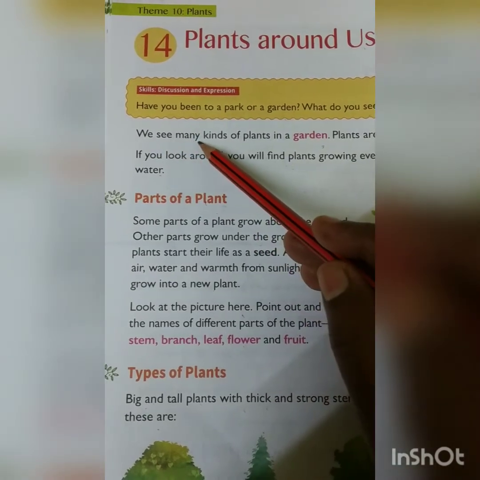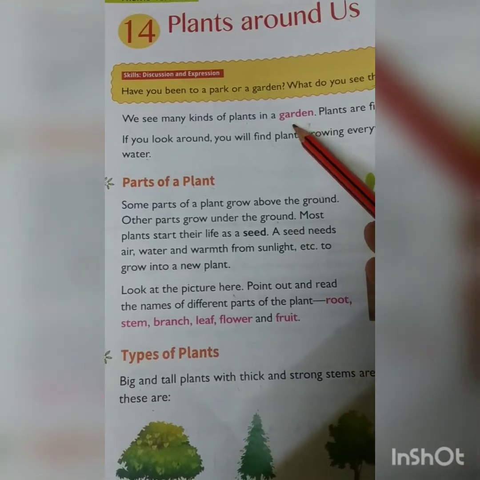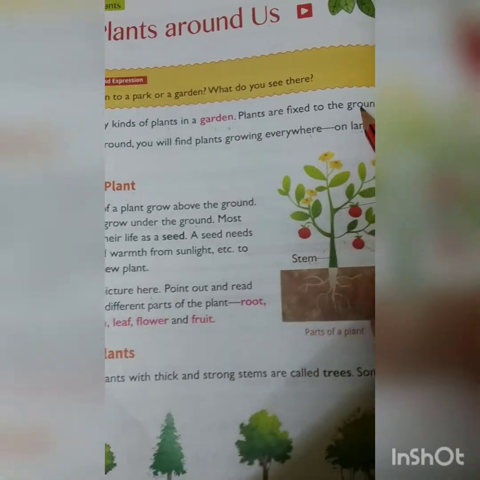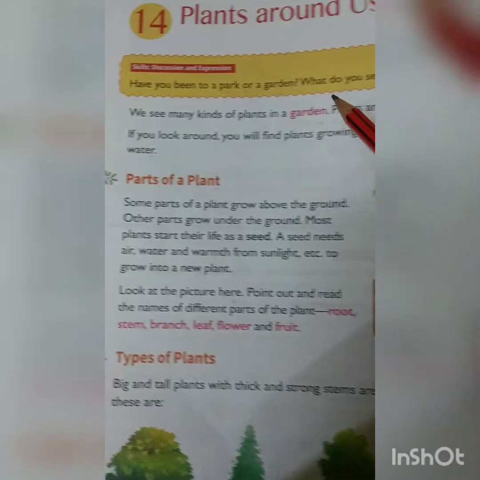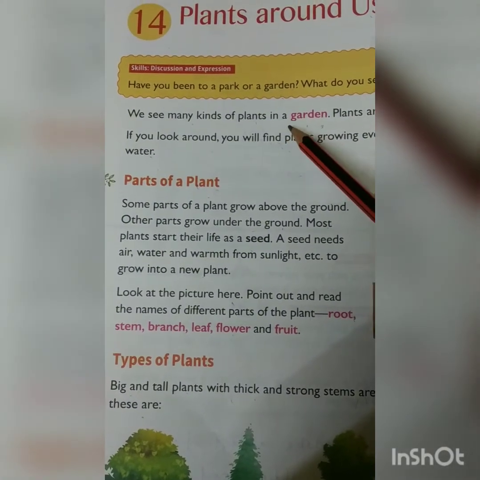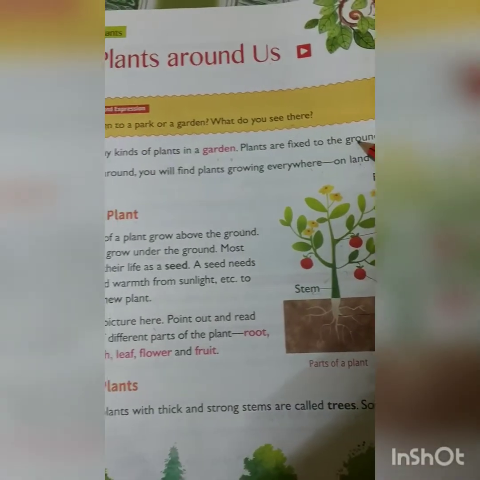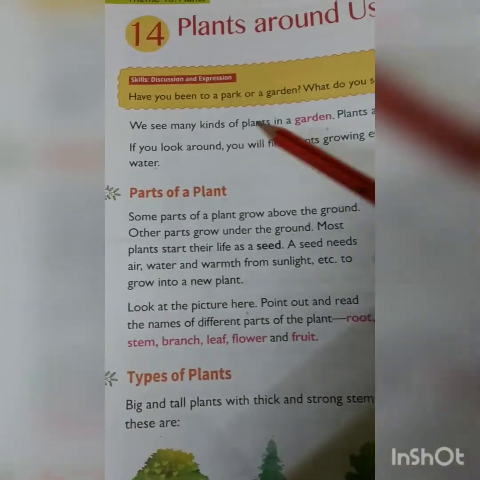We see many kinds of plants in a garden. Plants are fixed to the ground. So in a garden, what do we see? Many plants which are fixed to the ground, in the mud.